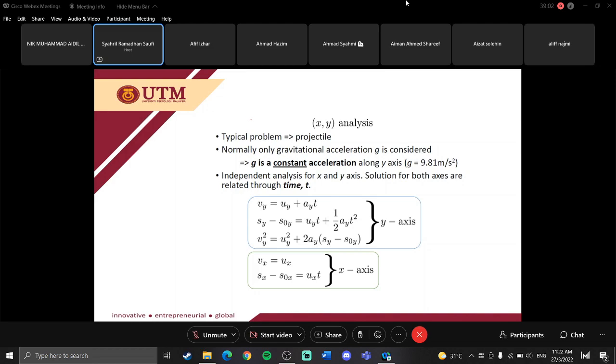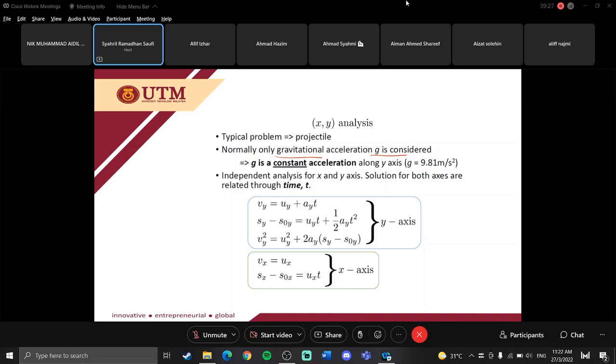I believe if you look at these equations, most of you are familiar with them. You learned them previously in secondary school. For projectile problems or XY analysis, normally only the gravitational acceleration g is considered.